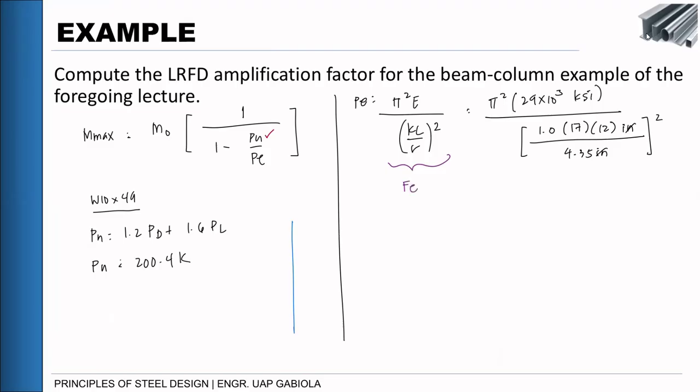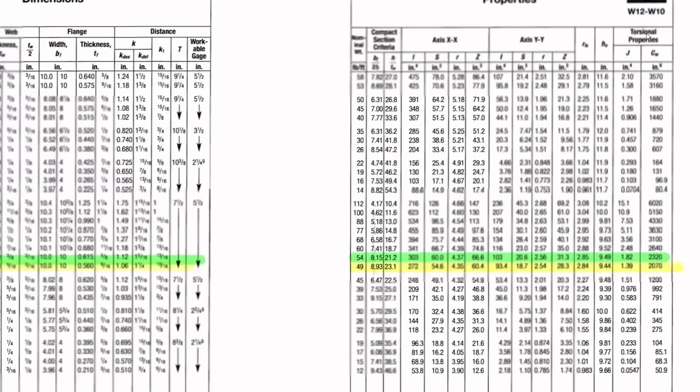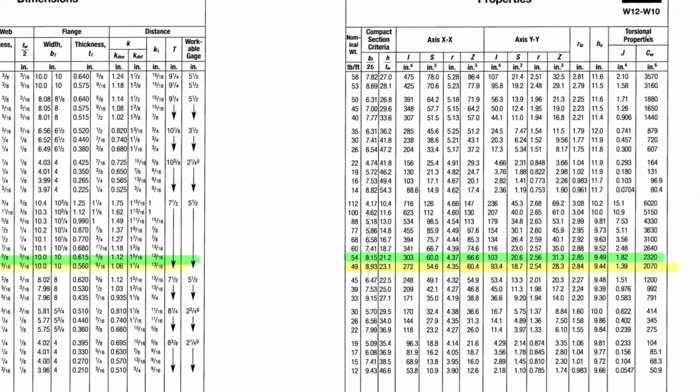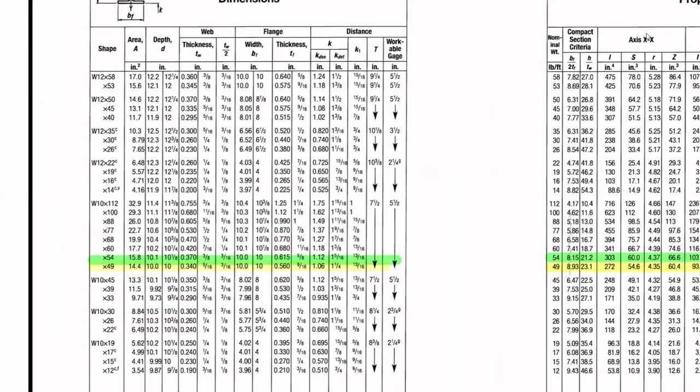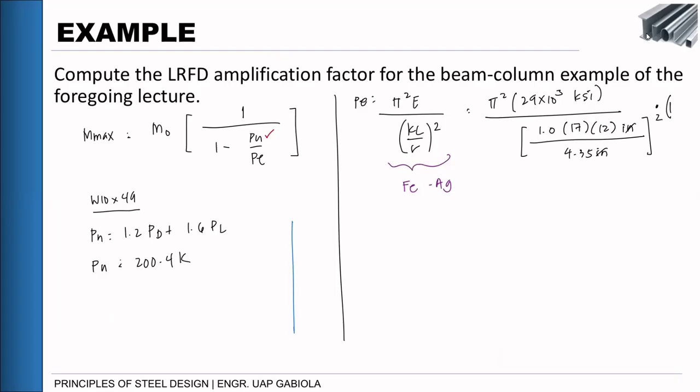So, para maging loading, times pa natin ng Ag. Multiply natin ng Ag. Ag natin based from Table 1-1 is 14.4 inches squared.